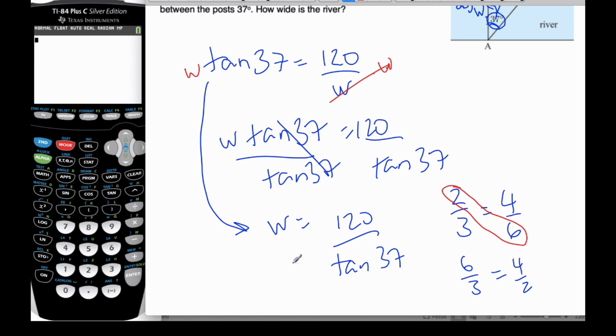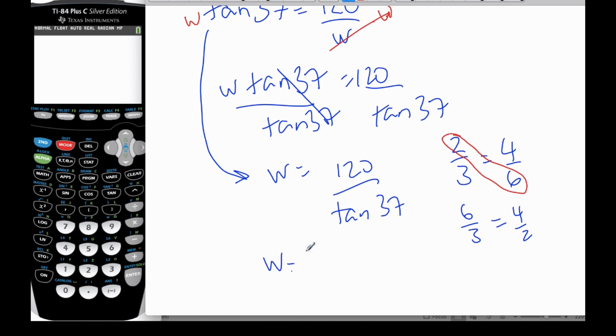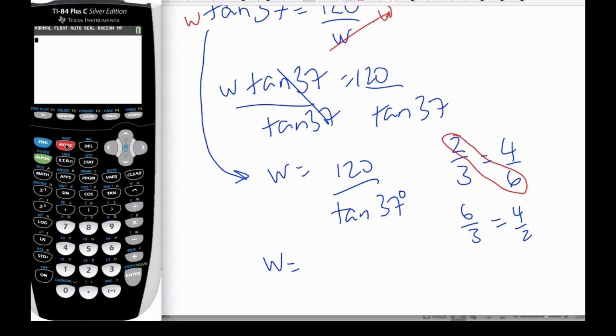So to find what W is, I just throw this in my calculator. I know this is tangent 37 degrees, so I'm going to go to my calculator. I have to go to my mode. I have to make sure I am in degree mode. Once you change it once, you shouldn't have to change it again, but you should always check it, especially if you're borrowing someone else's calculator. You don't know where it's been, but every so often, check it to make sure you're right.